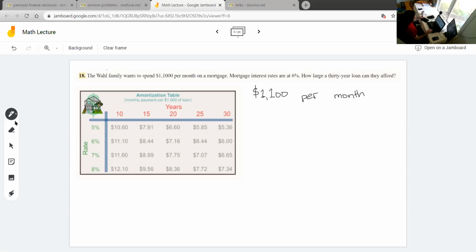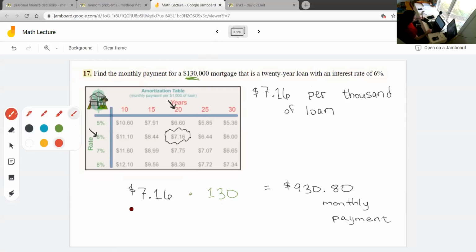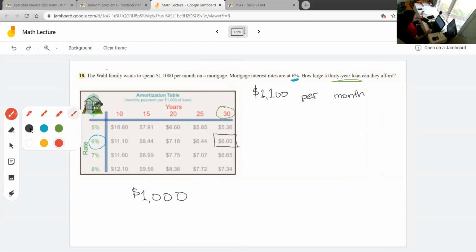And in their case, the interest rate is 6%, and it's a 30-year loan. So we are at $6 per 1,000 of mortgage. So I'm going to take the 1,100, and instead of doing a times that number, we'll do divided by.